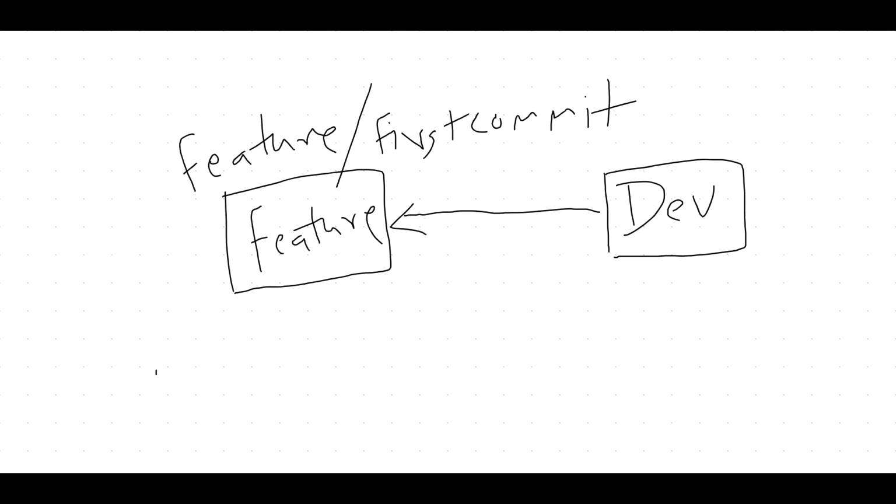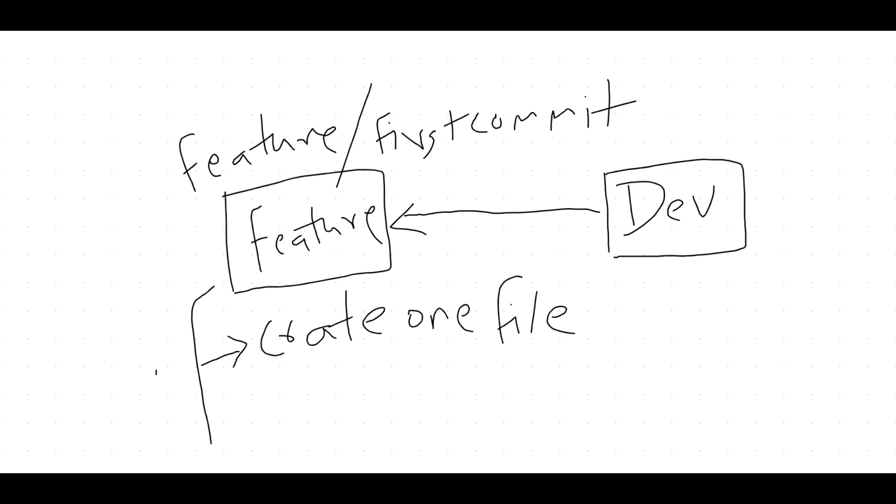So start with creating the feature branch from dev, and then in the feature branch create one file. This will be our first file and commit.